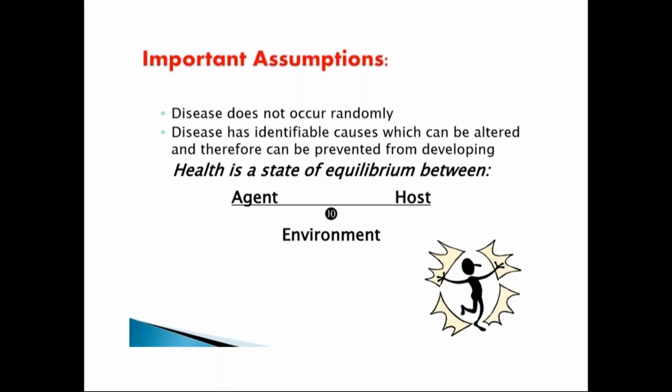But a lot of diseases we have are the product of identifiable pathogens, identifiable environmental conditions, or identifiable chemical agents. So all these things are identifiable and they can be altered.